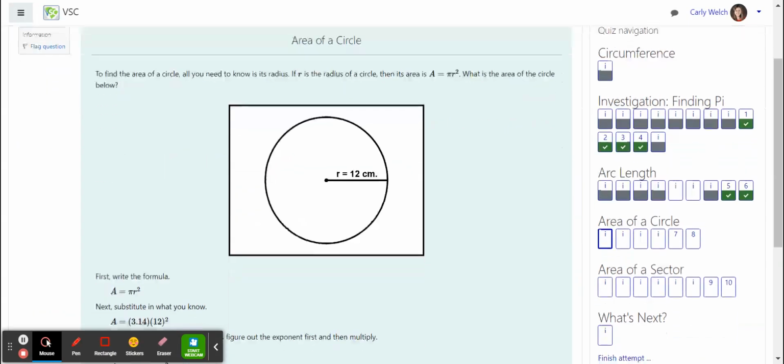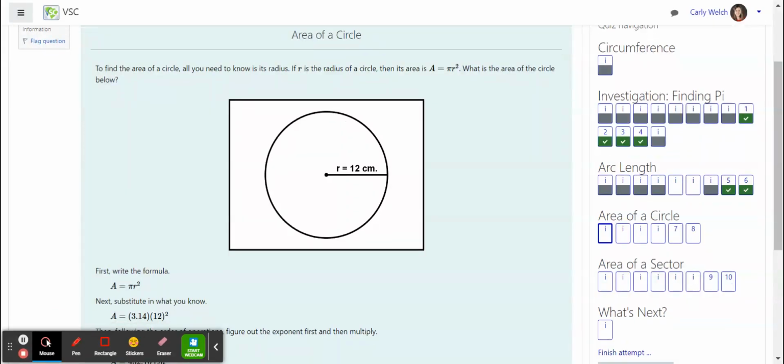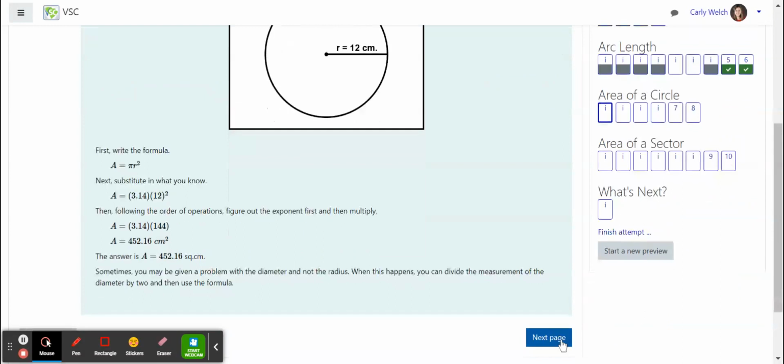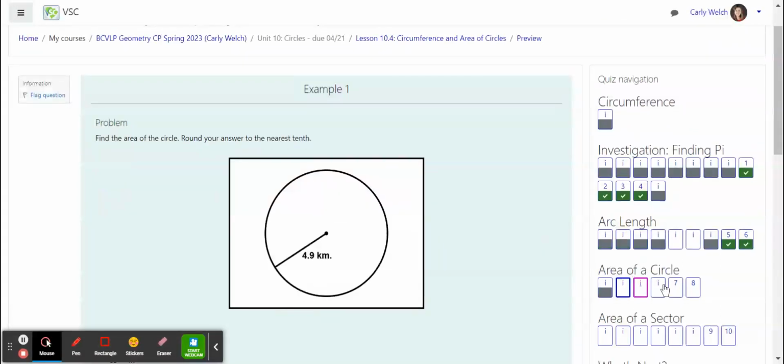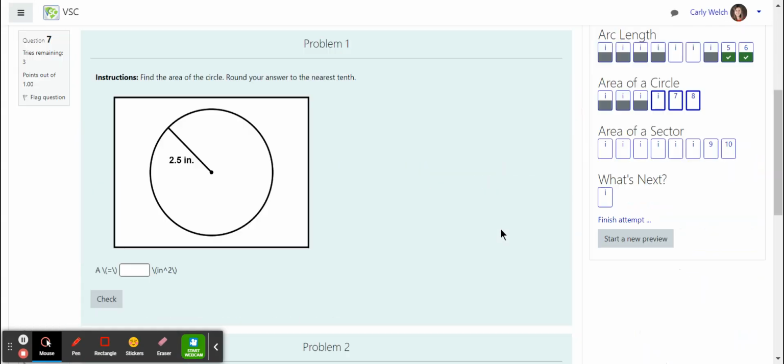And then area of a circle is pi r squared. There is no diameter formula for area, so you will have to find the radius first if you're given the diameter. So pi, 3.14, times r, so 2.5 squared, and we'll round to 19.6.